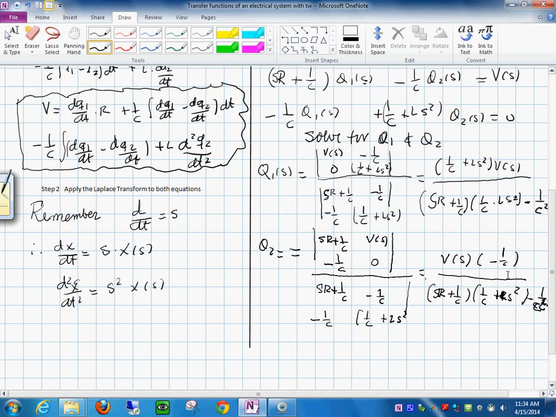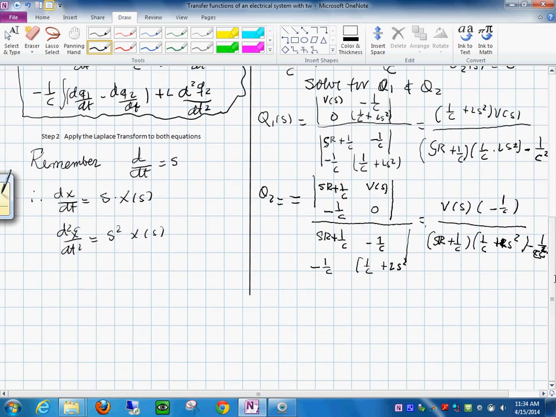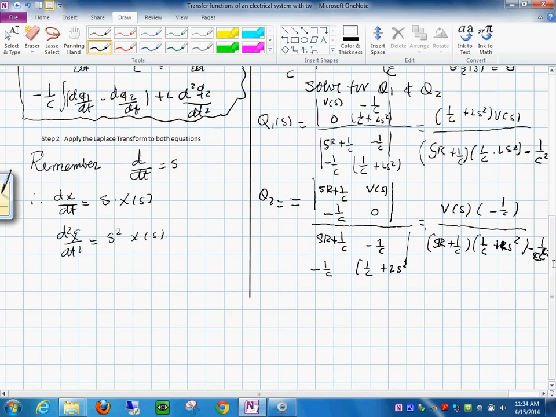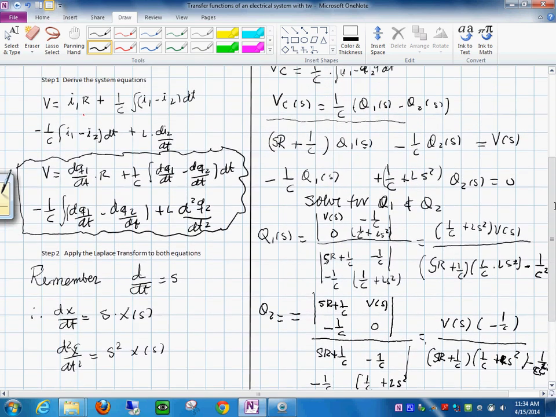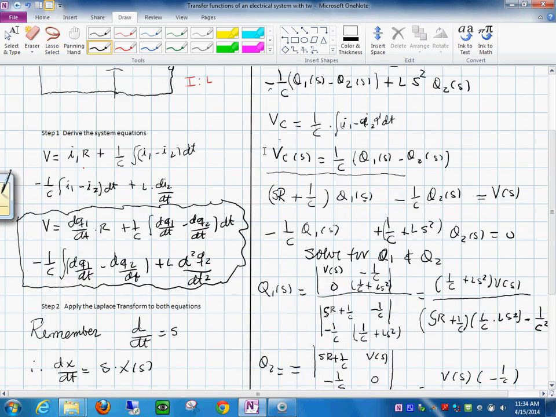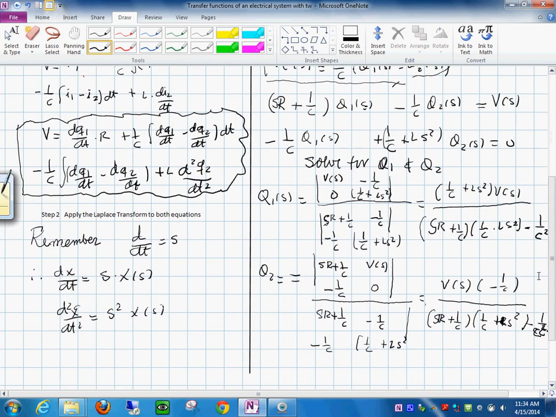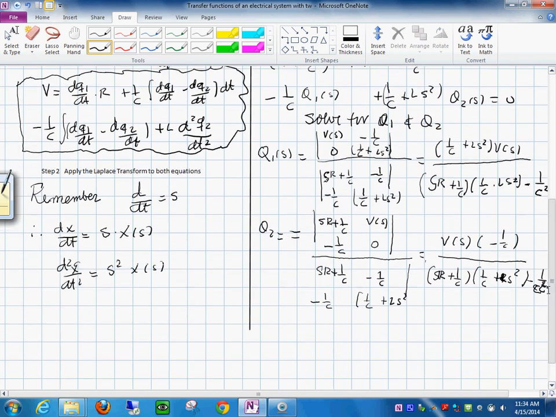Okay, so having now Q1 and Q2, I am able to find out the transfer function that I want, because see, this is where I am. I am interested in finding this output right here. So I'll just write it down in here so as not to confuse things.